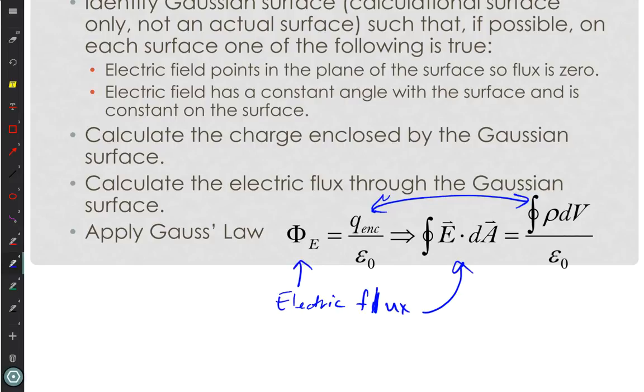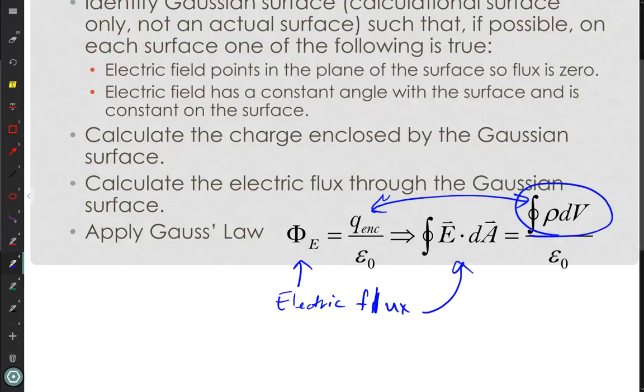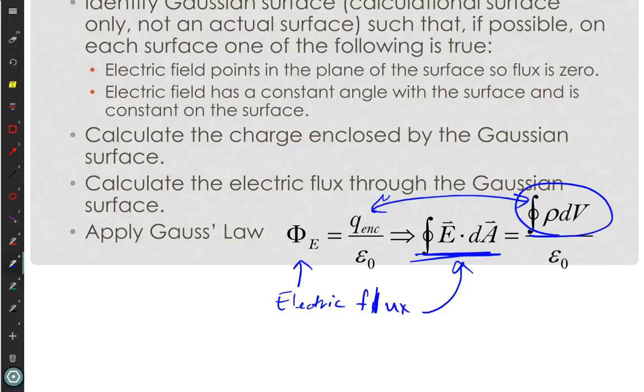And for the problems that you did, where did you actually use calculus in your solution? Okay. The actual calculus you did was in this. How did you do these without calculus? How did you calculate the flux without calculus? By making symmetry arguments, we were able to evaluate the calculus without doing any calculus. Right?